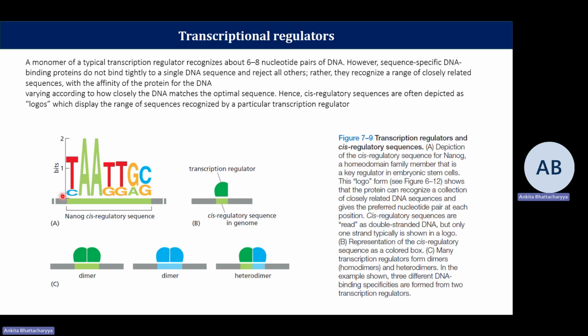So when a certain region of the genome is transcriptionally activated, when the modifications are signaling that transcription needs to be on, only then will these regions be opened up, and only then can the transcriptional regulator actually bind. So sequence specific DNA binding proteins will typically have around 6 to 8 nucleotide pairs of DNA, and that is good enough. That is doing the job.